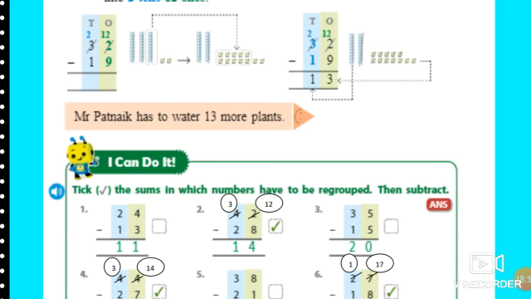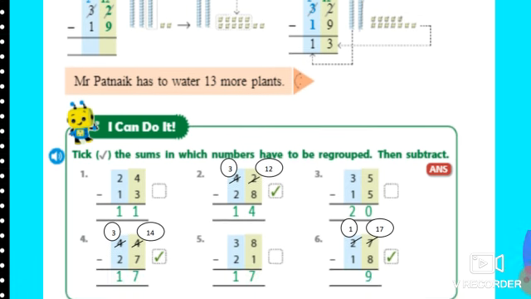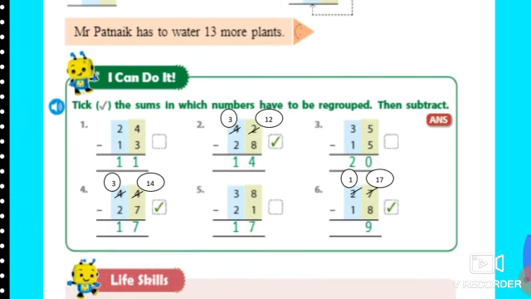So now 12 minus 8 is 4 because we have borrowed and it has become 12. And in the tens place what is left, students? That is 3 because 1 ten we have given to ones place. So now 3 minus 2 is 1. So 14 is the answer. That is the difference. In this part we have done borrowing, that is regrouping. So we will put a tick in the box. Rest all parts you will do yourself, students.